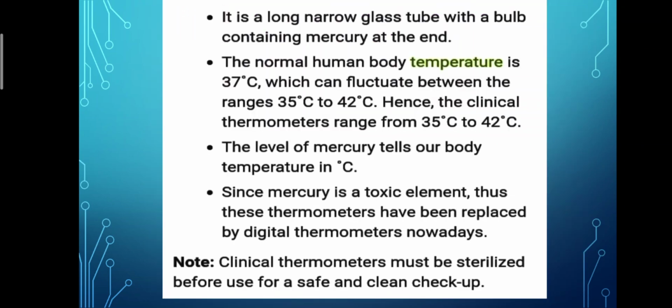The normal human body temperature is 37 degrees centigrade, which can fluctuate between 35 degrees centigrade to 42 degrees centigrade. Hence, the clinical thermometers range from 35 degrees centigrade to 42 degrees centigrade.